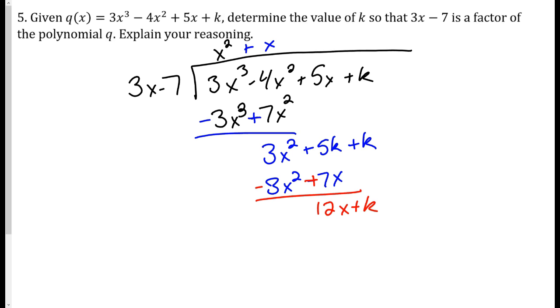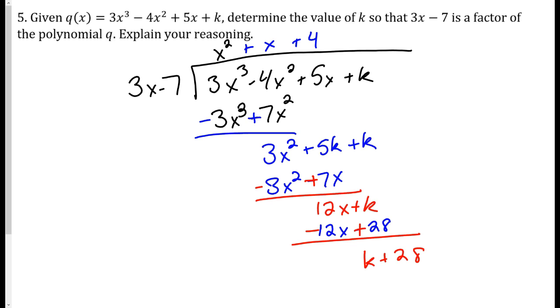Now we start the algorithm again. What times 3x gives me 12x? Well, 4 does. 4 times 3x is 12x minus 28. And we want to subtract. And I want to end up with a remainder of 0. So that adds to 0, and I get k plus 28.